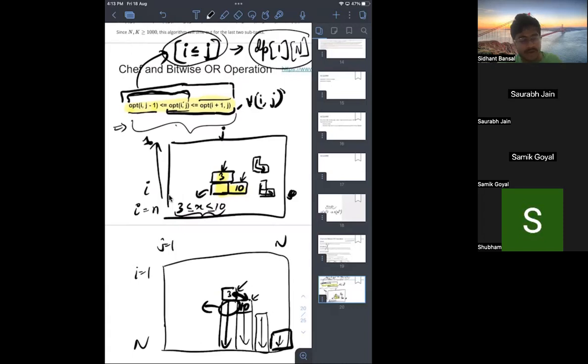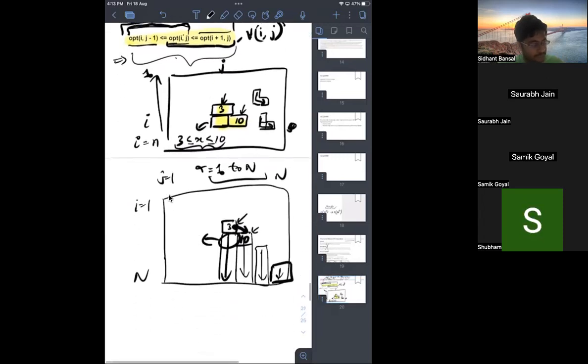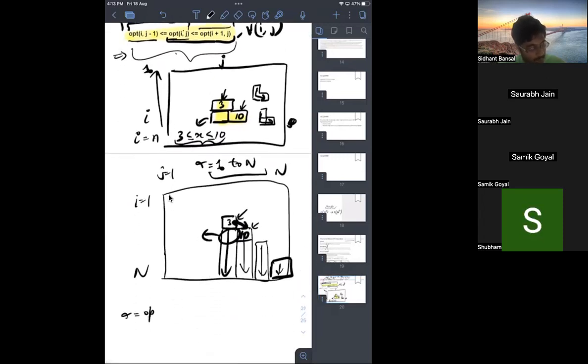Similar to what we were trying to do in divide and conquer, right? We were trying to reduce our search space of alpha from 1 to n generically and wasting a lot of time there. You're only looping from opt[i][j-1] to opt[i+1][j]. In this particular example, from 3 to 10.